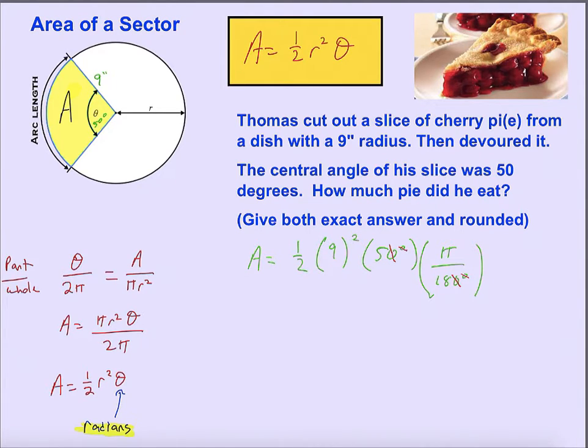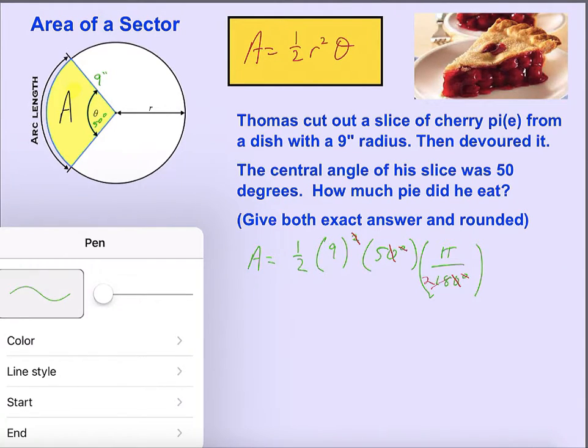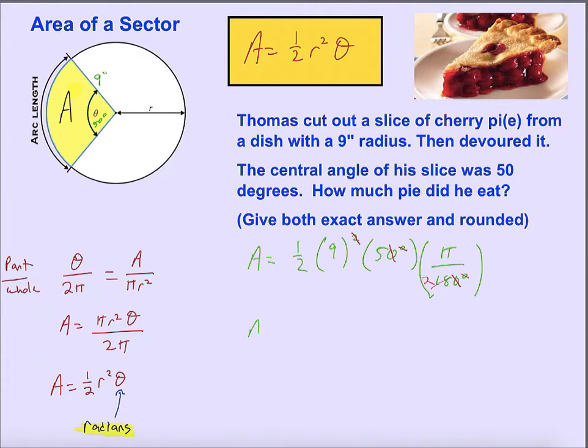Well, one of those 9's can cancel out part of the 18 and make it a 2. And if I take a look at everything that's left, because there's no more canceling left to do, I can say that this area is, in the numerator, I've got a 9 and a 5 and a pi. That's 45 pi. In the denominator, I've got a couple of 2's. So 45 pi over 4.